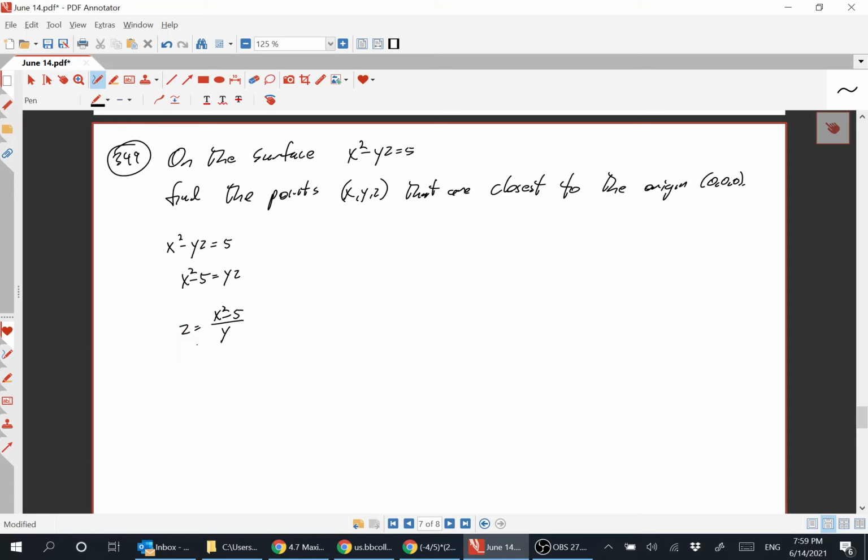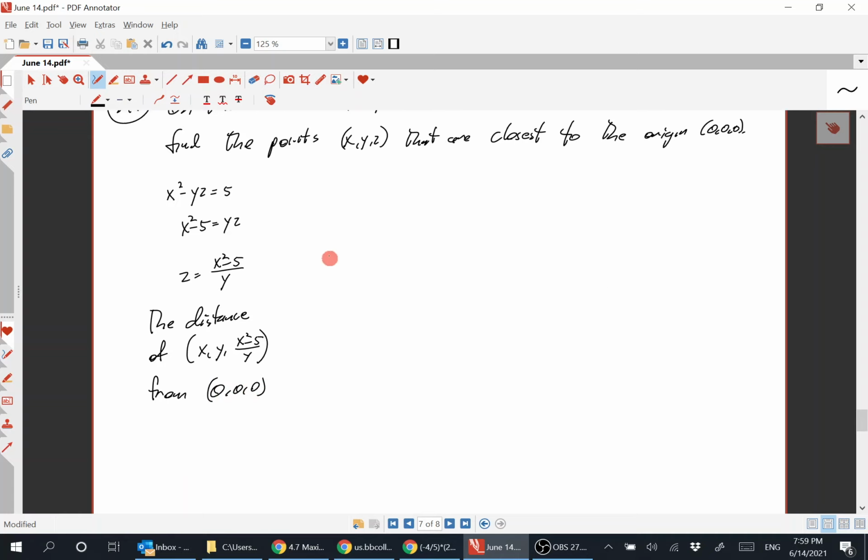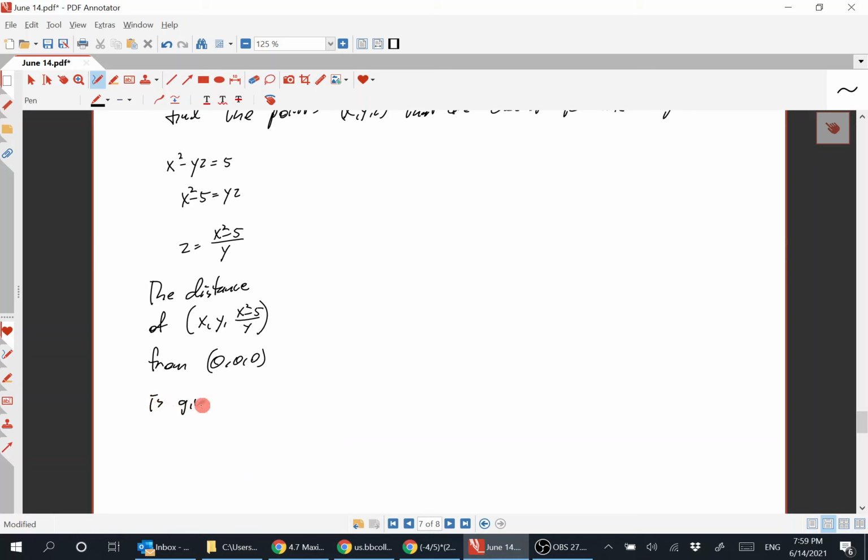So the distance of the point x, y, x squared minus 5 over y from 0, 0, 0 is given by the distance formula: x minus 0 squared plus y minus 0 squared plus z minus 0 squared, like that.